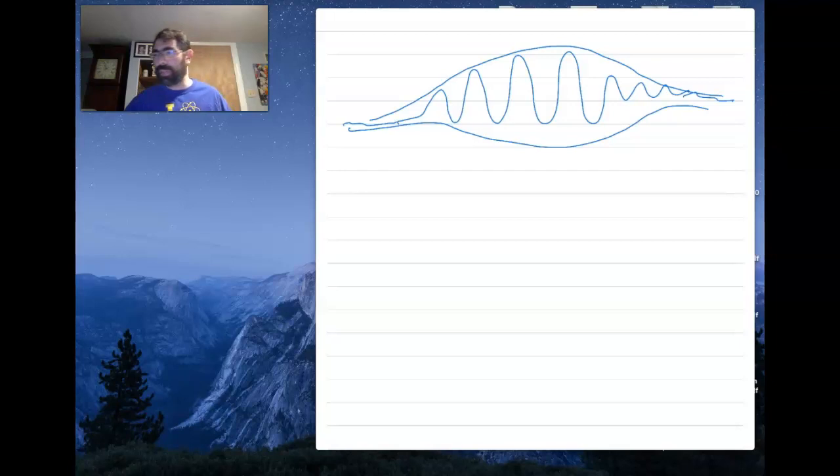So if I ask, what's the speed of this? If my wave packet now represents my particle, what's the speed of this particle? Well, let's take a look at it.